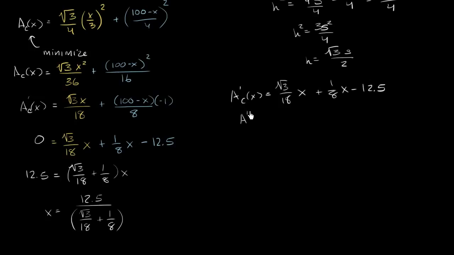The second derivative is going to be square root of 3 over 18 plus 1 over 8. So this thing right over here is greater than 0, which means we're concave upward for all x's.